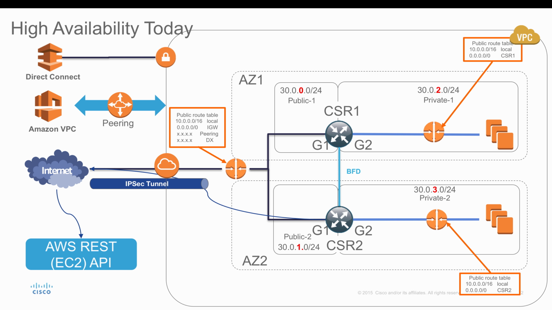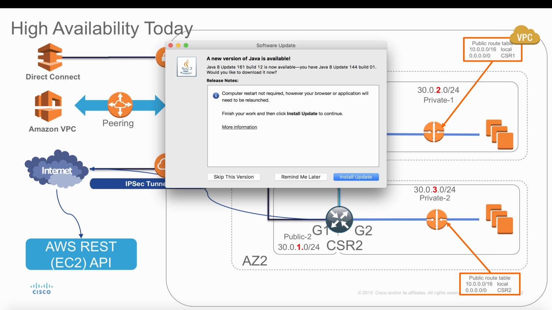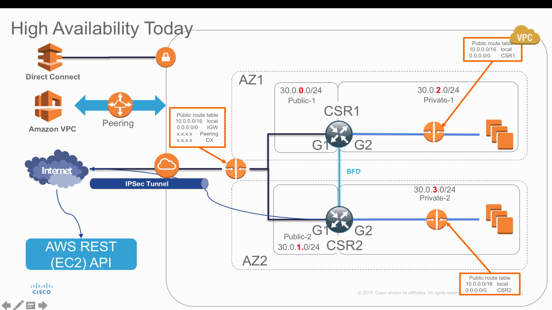In this case, if you want to better leverage the AZ and keep the data within the same AZ, typically if you have a VM in the private 1 subnet, the default route will be set to the CSR1 interface. And for the subnet in AZ2, the default route will be set to the CSR2 interface.